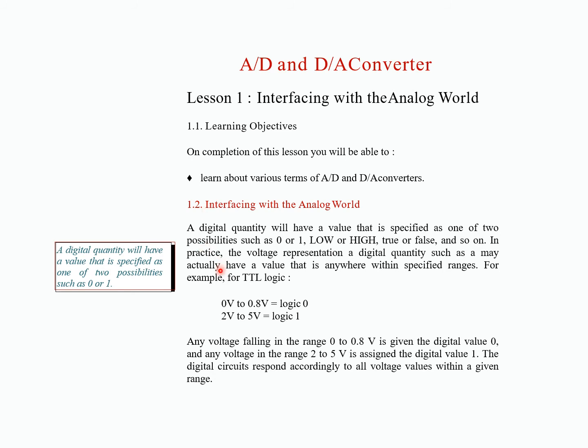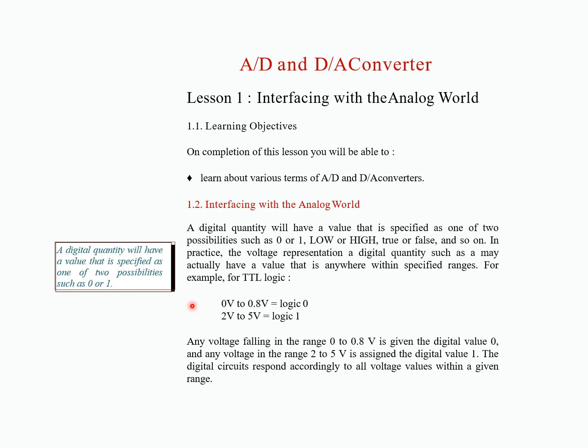A digital quantity will have a value that is specified as one of two possibilities, such as 0 or 1, also known as binary numbers, low or high, or true and false, and so on. In practice, the voltage representing a digital quantity may actually have a value anywhere within a specified range.